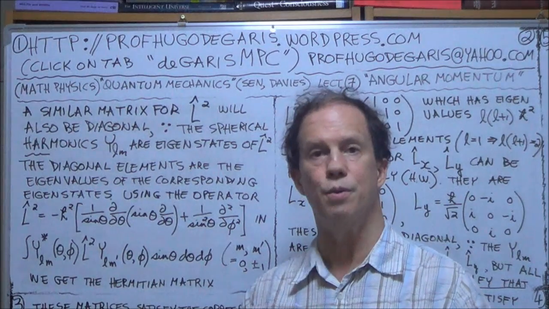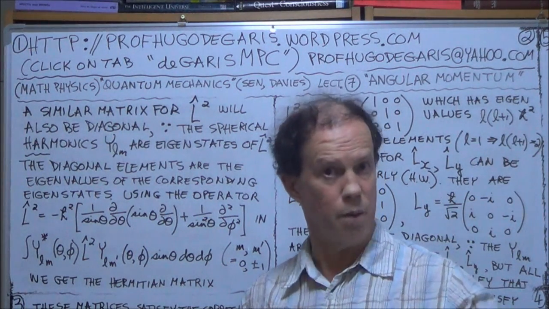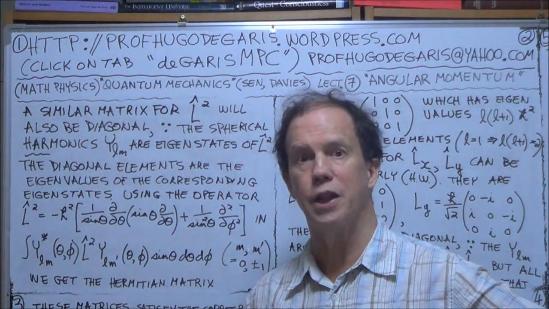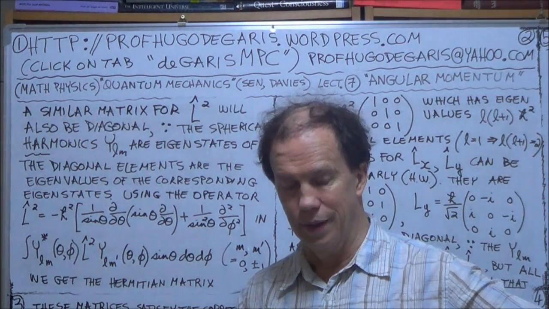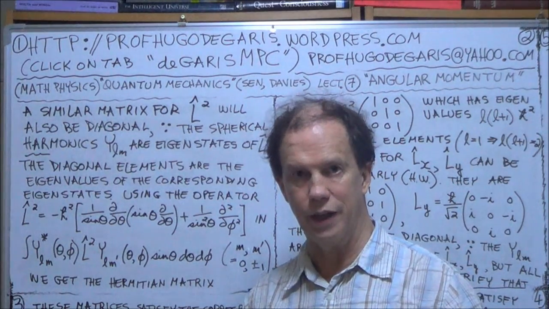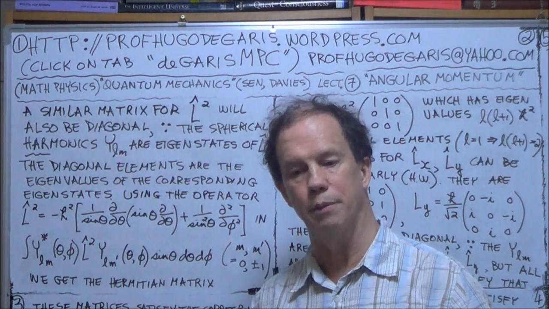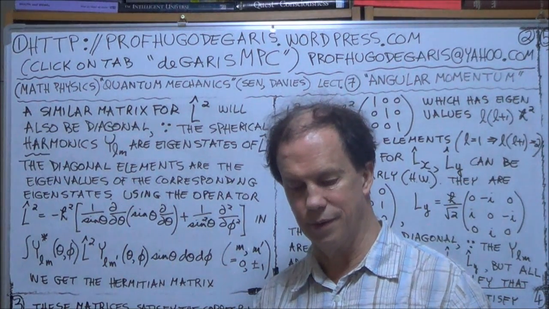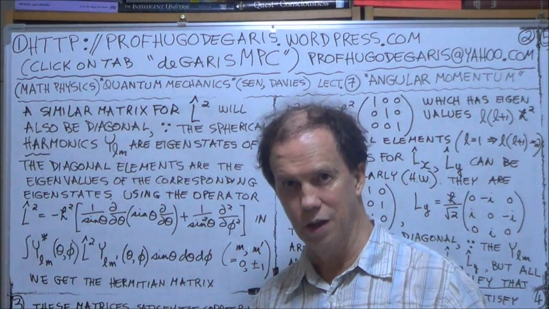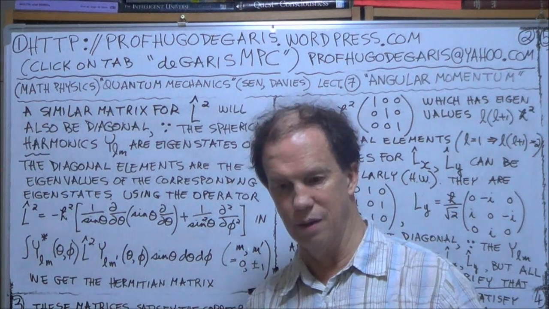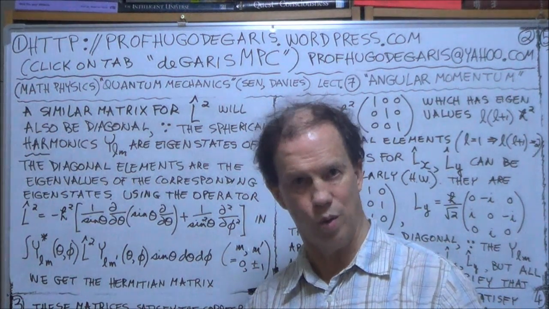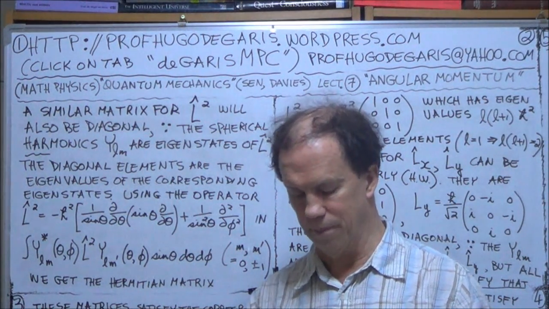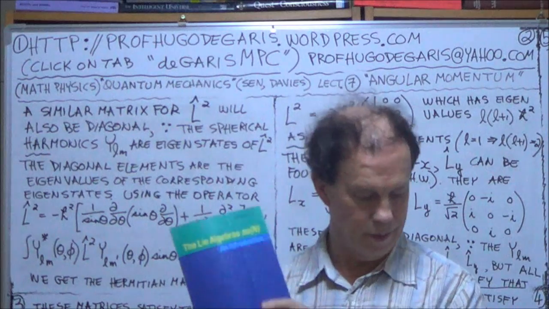And SU3, where n is 3, that's the number of dimensions, is very important in the classification of the elementary particles. So what Mendeleev did to the elements in the 19th century, Gell-Mann and others did to the classification of elementary particles in the mid-20th century, more or less, using these ideas.